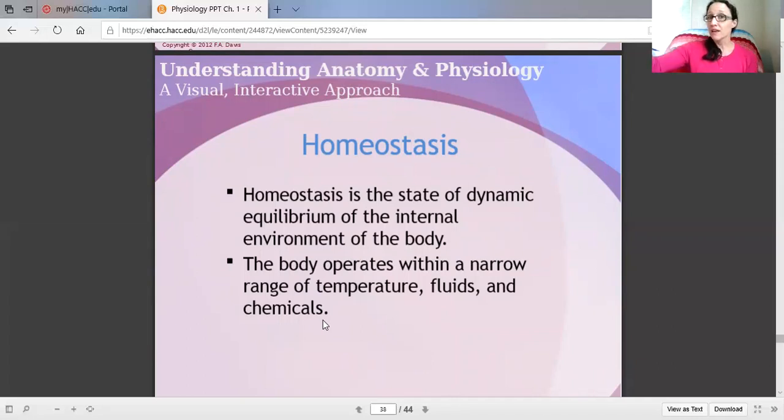When we go above that, things don't go so well. When we go below that, that's really okay for a little bit until we get too cold and we suffer from hypothermia. But we also have homeostatic mechanisms for regulating blood pressure and fluid levels, hormones, different types of chemicals within the blood itself. So there's a lot of different homeostatic mechanisms within our body.